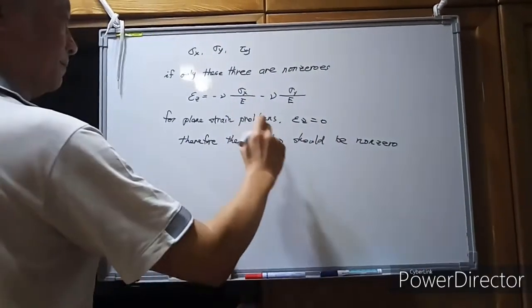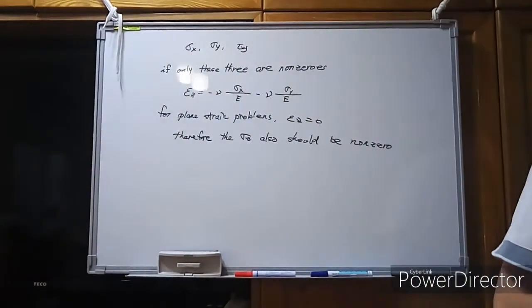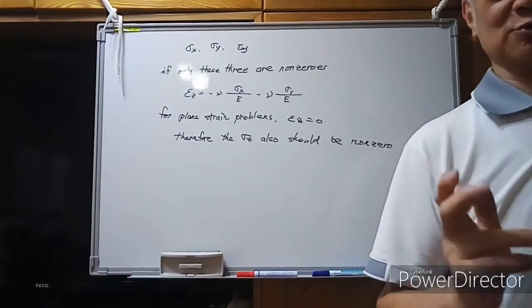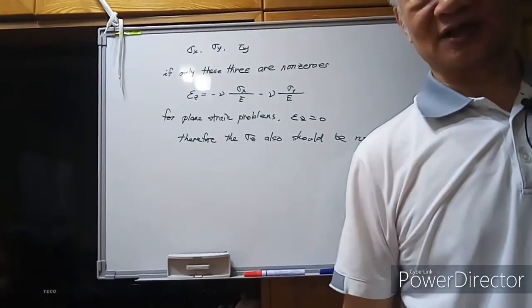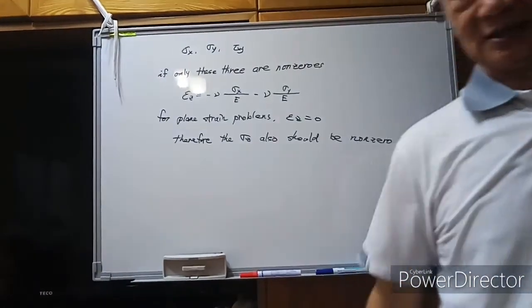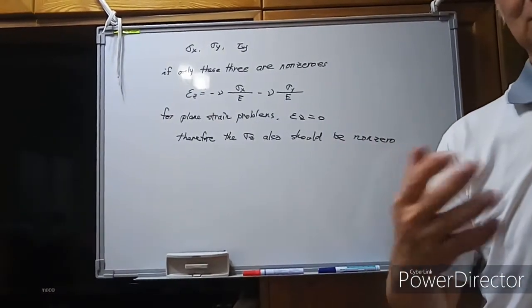Okay, remember for the plane strain problems, the sigma z should not be equal to 0. Otherwise, you cannot counteract the deformations obtained from the Poisson's ratio.